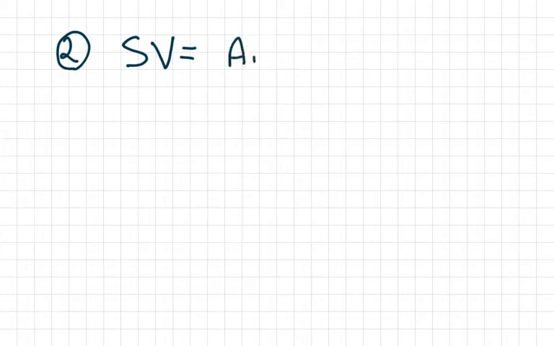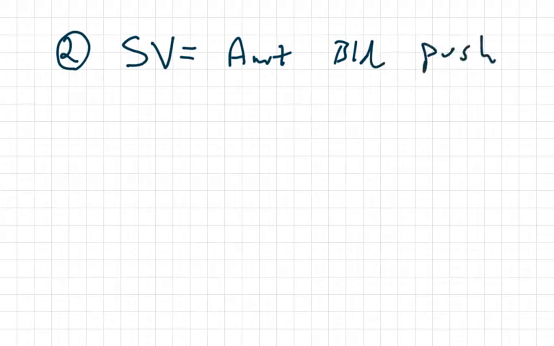The second, we discussed a couple of different variables of the heart. The first is stroke volume, or SV. And again, stroke volume is the amount of blood pushed out by the left ventricle in one heartbeat.